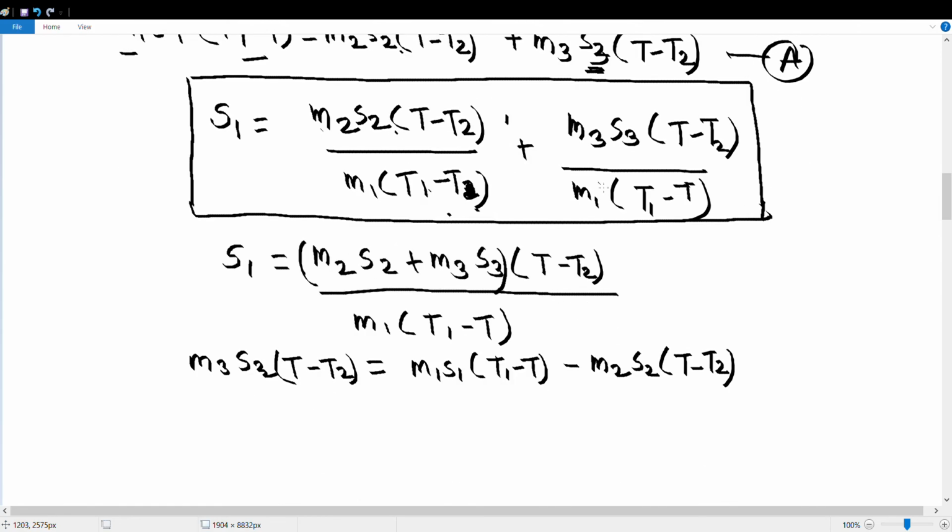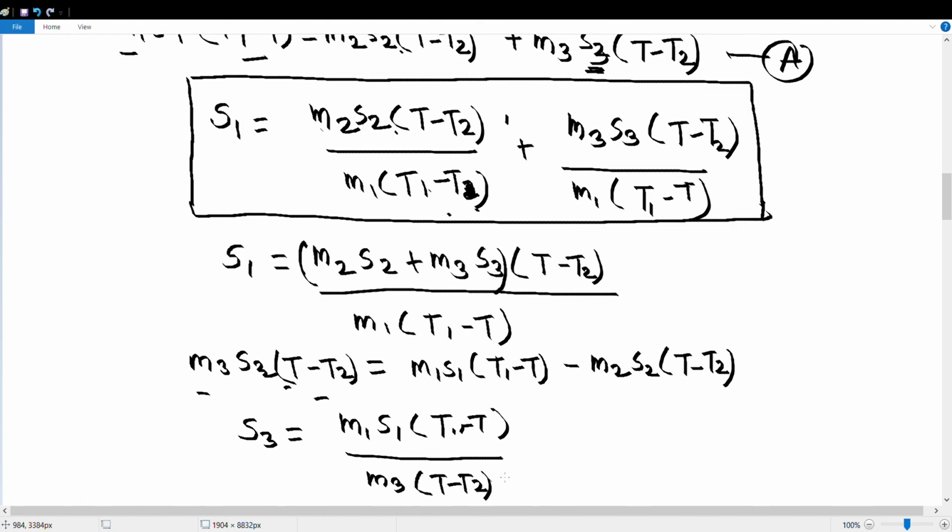By rearranging the terms, this S3 is calculated. S3 is equal to M1S1 T1 minus T divided by M3 T minus T2, minus M2S2 T minus T2 divided by M3 T minus T2.